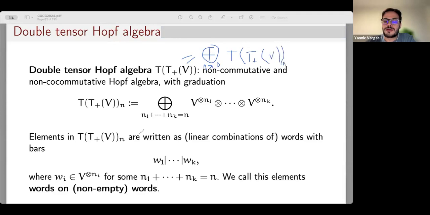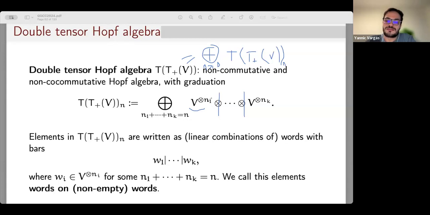So it's the direct sum of all these components. Here you have a word, and I should put here a bar, which will play the role of the second tensor, because I'm taking the tensor twice.